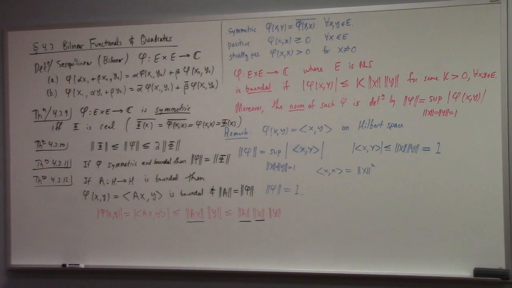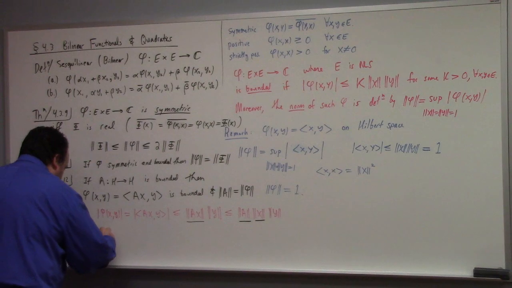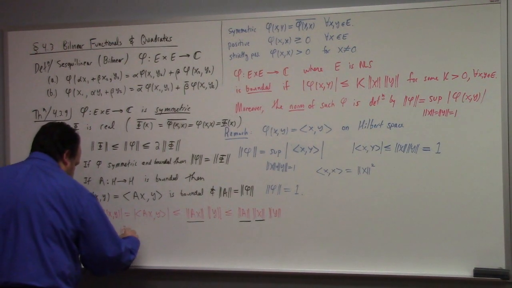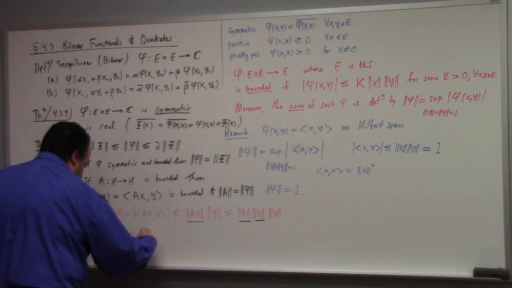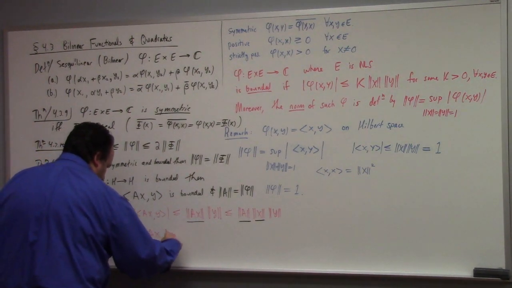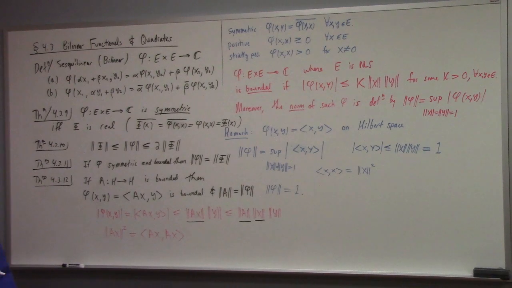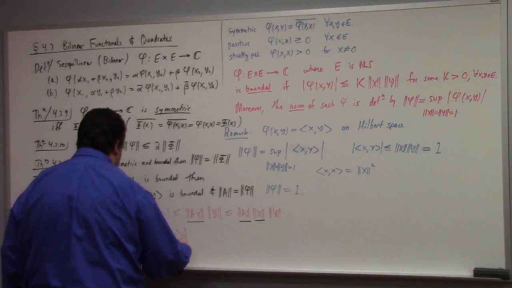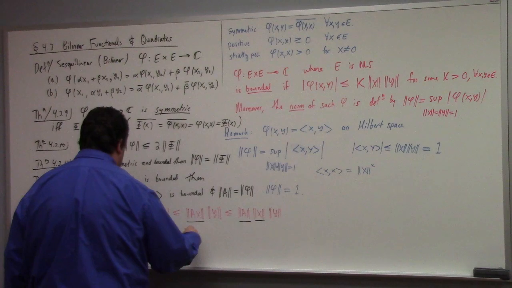Right, he says, on the other hand, if we look at the norm of Ax squared, that's equal to the inner product of Ax and Ax, which of course we can wrap in absolute value bars.